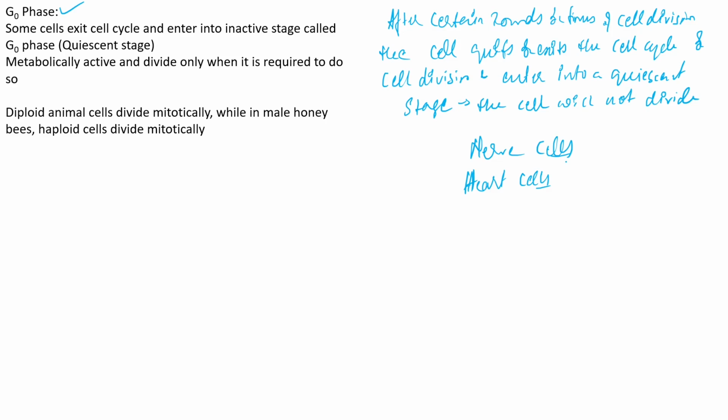Now if you ask, why do nerve cells or heart cells never divide in the human body? Because they are active throughout one's lifetime, every moment of time. So these two cells don't get time to divide, because they are highly busy cells.